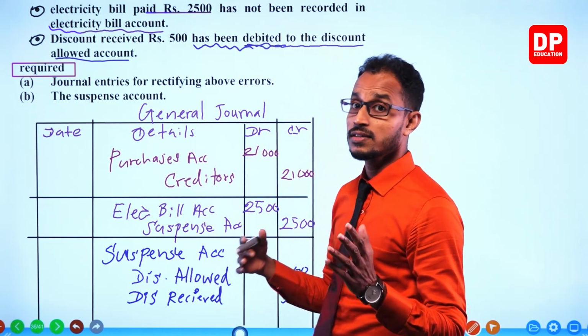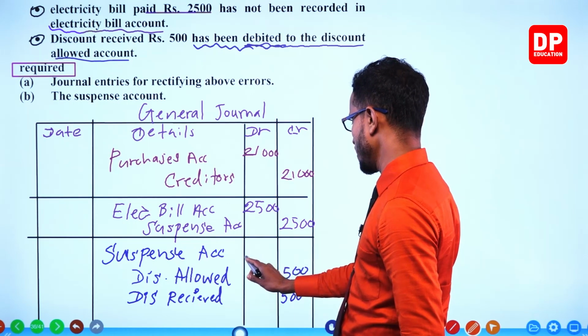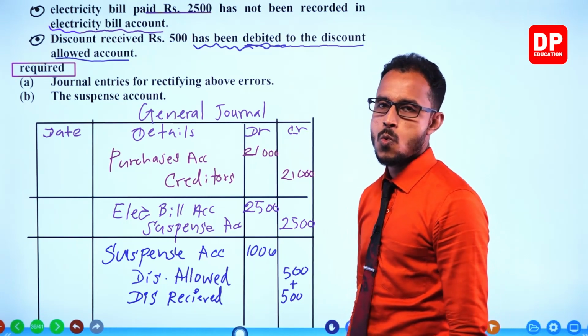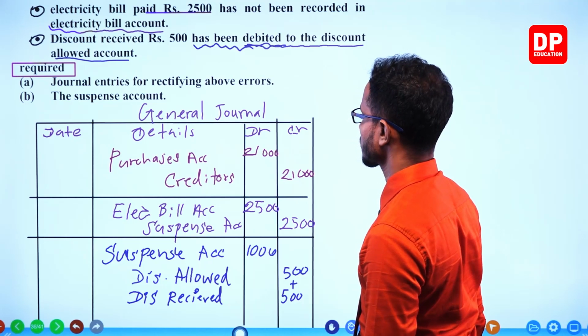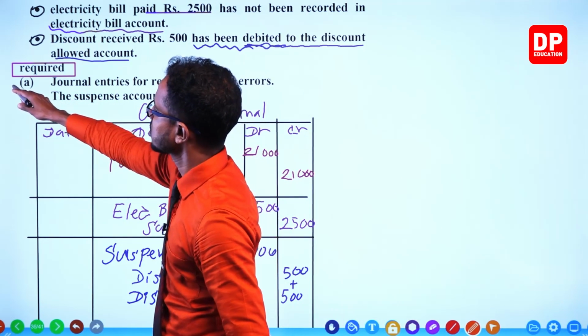The debit entry goes to the suspense account. 500, 500, both should be debited here. 1000, 1000. Bingo. Done. The journal entry is completed.